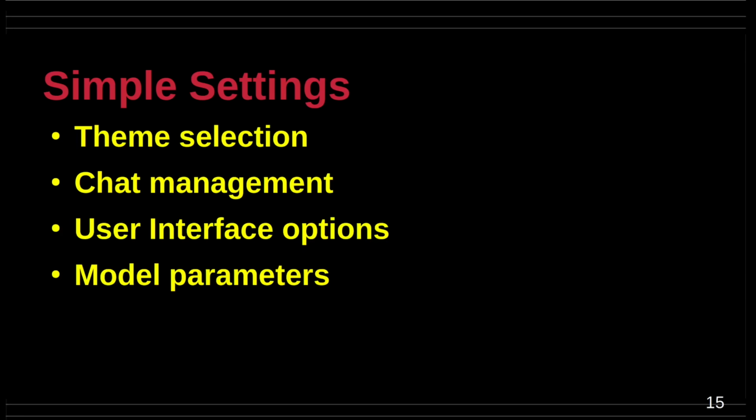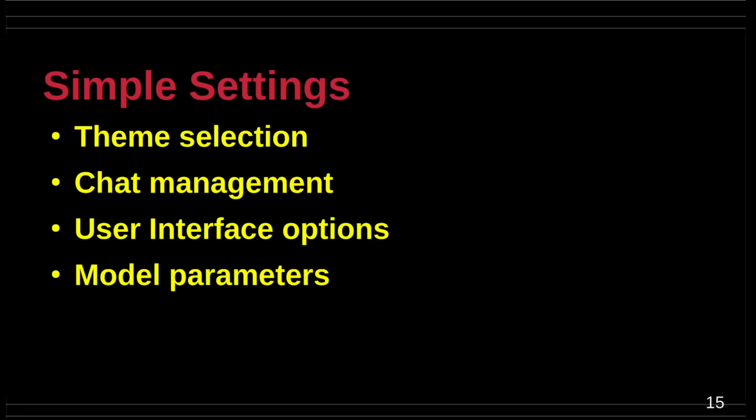You can control model parameters like temperature and max tokens. Temperature controls the randomness of the model's responses. Lower values are equal to more deterministic, and higher values are equal to more creative responses. Max tokens slider controls the maximum length of the model's response.